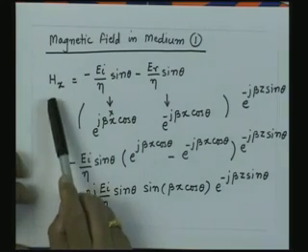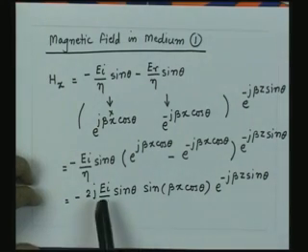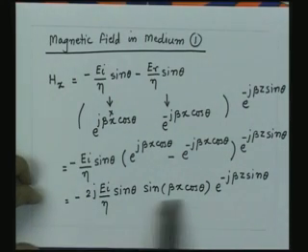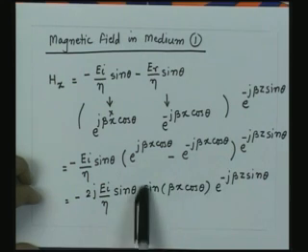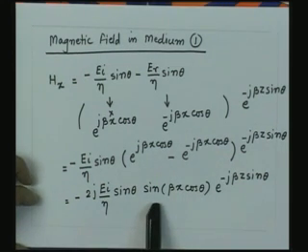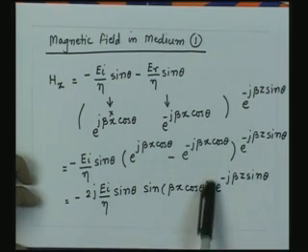So, the x component first of all has again similar behavior, that is, it has a standing wave component in the x direction, and it has a travelling wave component in the z direction.